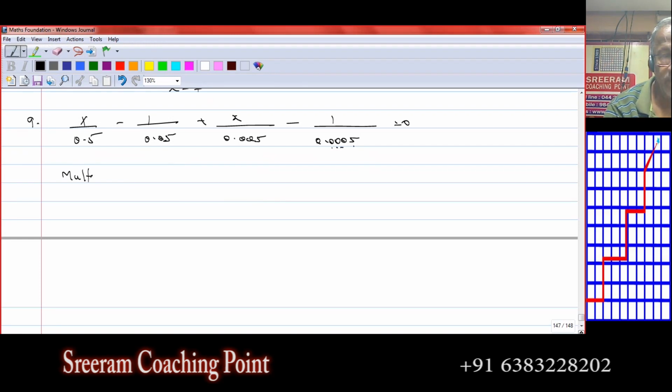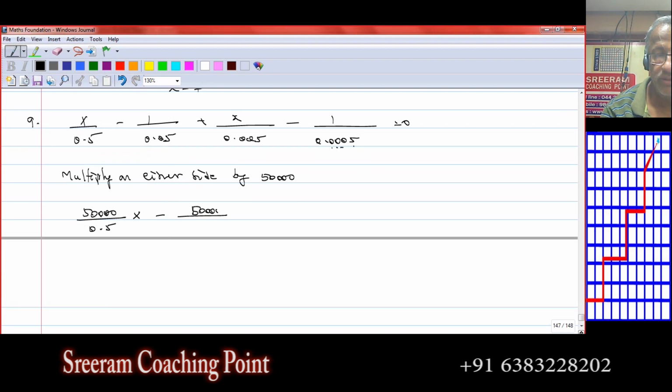Multiply on either side by 50,000. So it is 50,000 divided by 0.5x minus 1 divided by 0.05.